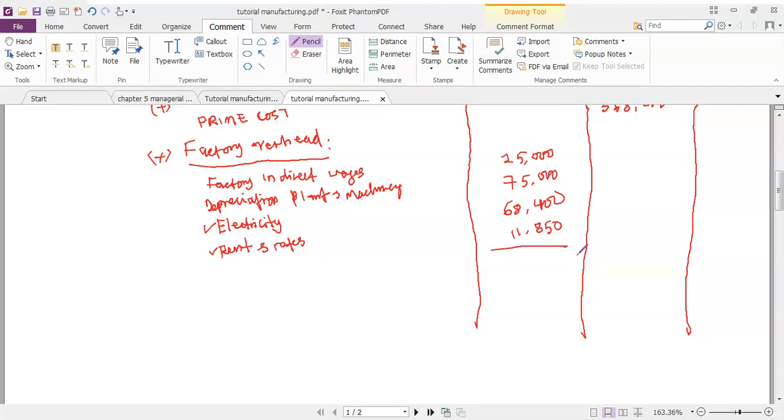Factory overhead. And then kita letak amount dia dekat column yang number second. So can you please add on all this factory overhead? Can you give me what is the amount of the total factory overhead?